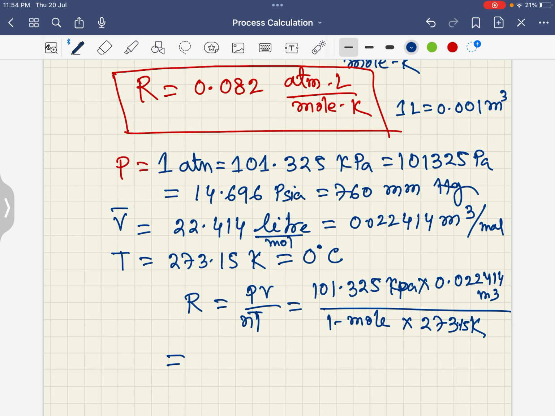So that will be 8.314 into 10 to the power minus 3 kPa meter cube per mole Kelvin. So we can get different R units by using that P, V and T. Remember that.